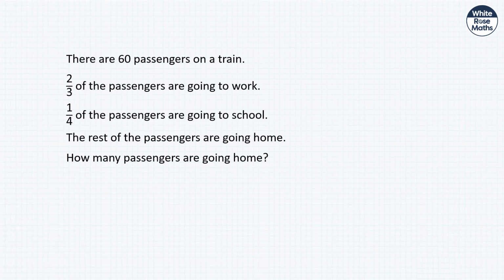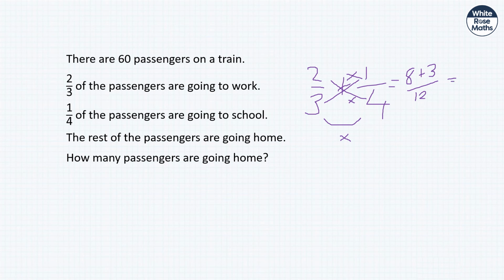Well, if I work out as a fraction 2/3 plus 1/4, that will tell me the fraction that are traveling altogether. So common denominator: 4 times 2 is 8, plus 3 times 1, which is 3, out of the product of these two. What I've done here is cross multiplication. 3 times 4 is 12.